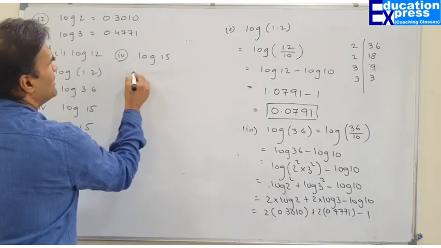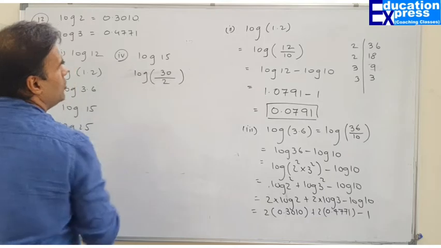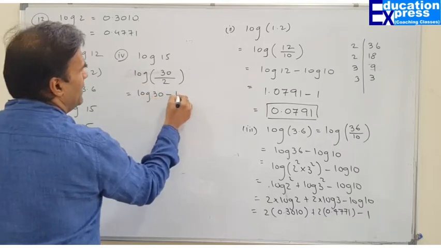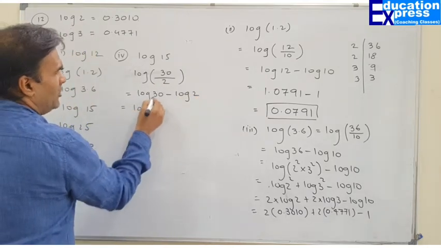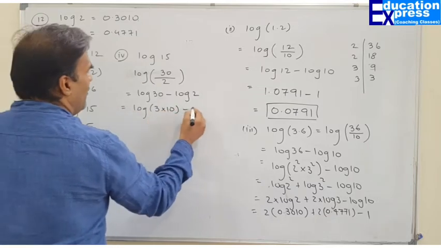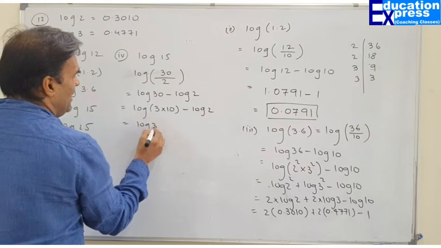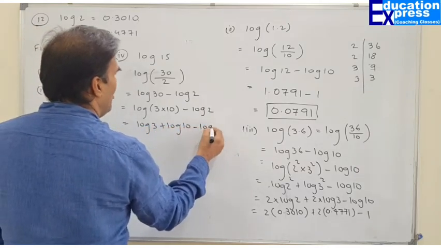You can say 15 can be written as 30 upon 2. So what will happen is log of 30 minus log of 2. In this case, log of 30 can be written as 3 into 10. See, we introduce 10, minus log 2. This means log of 3 plus log of 10 minus log of 2.